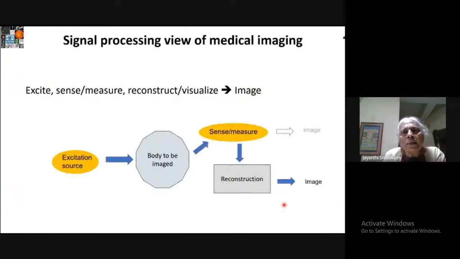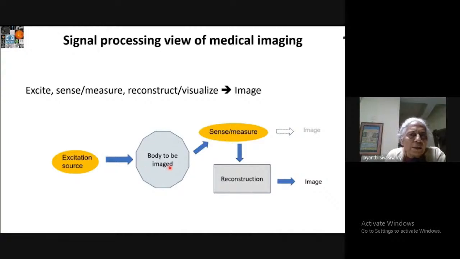If you look at how images are formed and why there are so many modalities, we can go to the signal processing view. There is a body to be imaged, you excite it, and the body responds. You excite it with a particular wavelength source, such as X-ray, and then the body reacts to it, and then you sense.